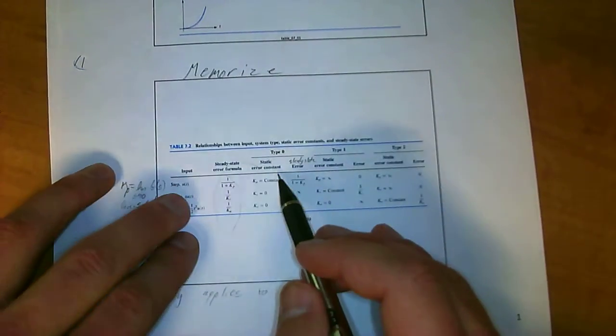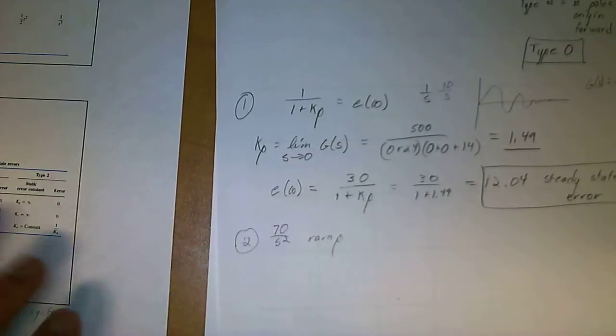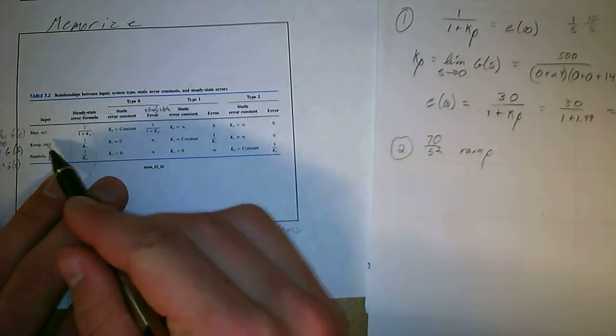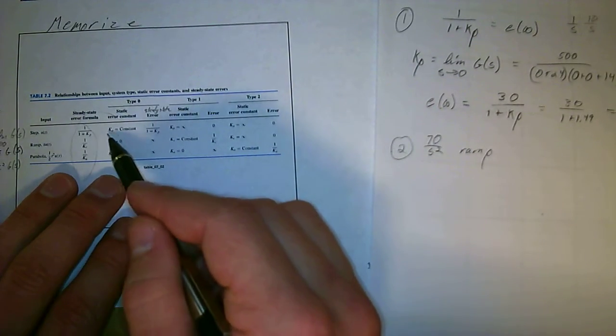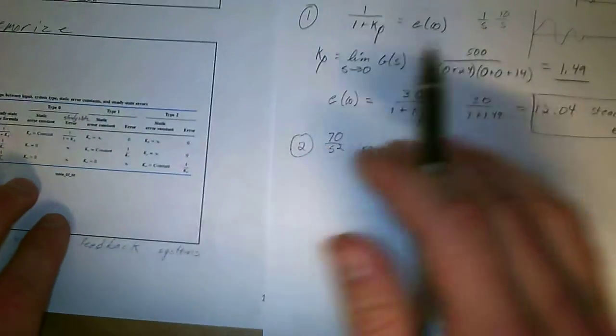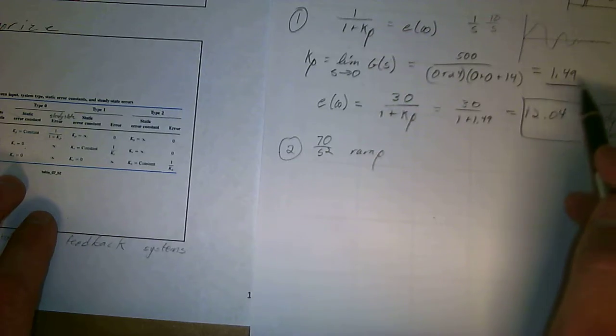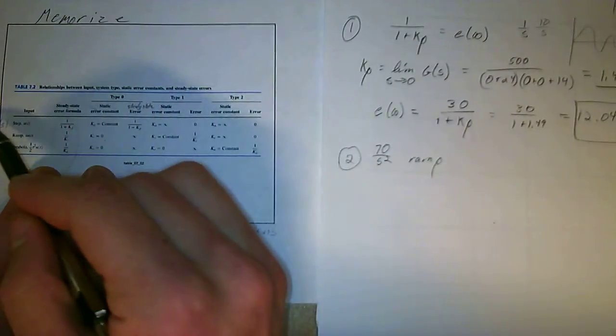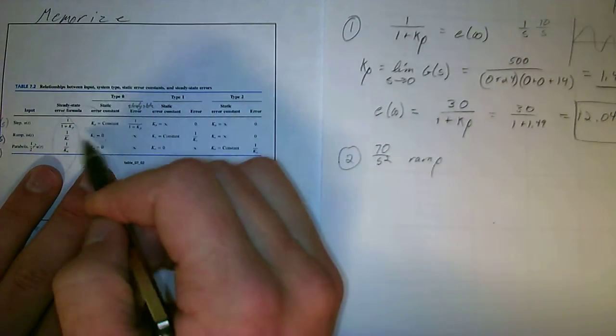for a type 0 system, okay, I'm going to step back and make another point. Right here in this chart, you see for step input of a type 0 system, Kp is equal to a constant. That's what we got over here. When we found Kp, we found that it was equal to some number, a constant. In this next part, we're going to find something else.